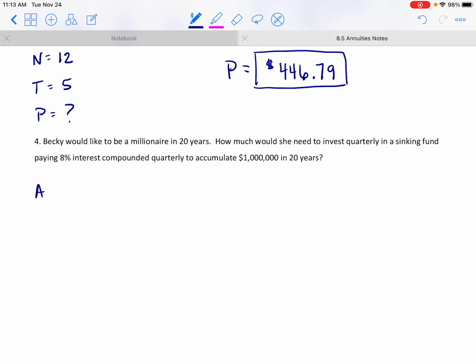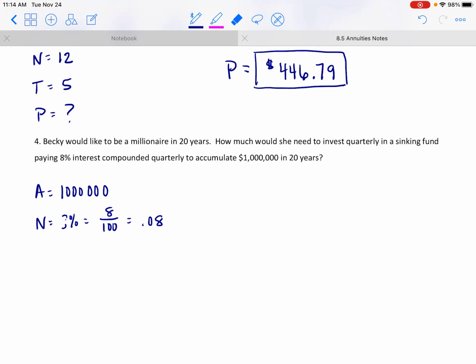So we know the final desired accumulated amount is $1 million, and interest is going to be accumulating, let's see, it's 8% interest, so 8% translates to 8 out of 100, which is going to be 0.08 as a decimal. Compounded quarterly, payments are made quarterly.